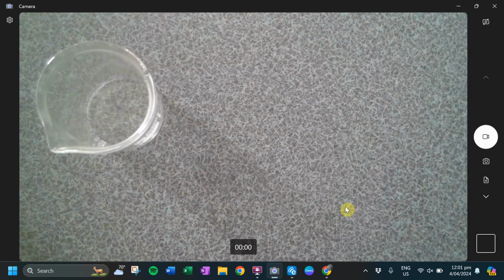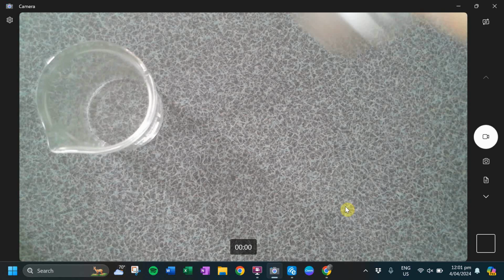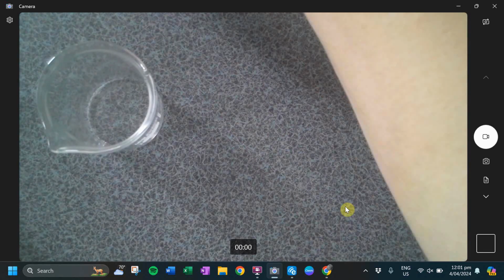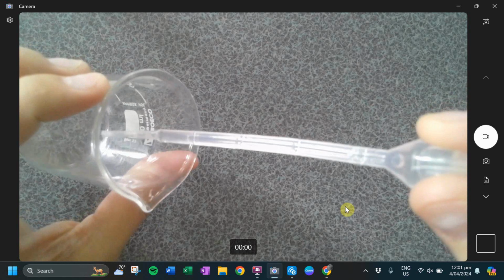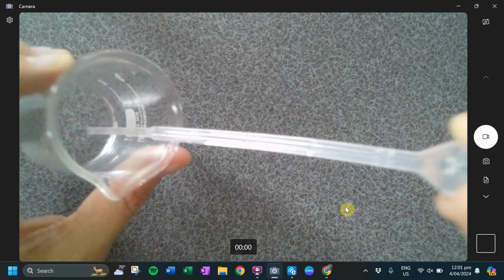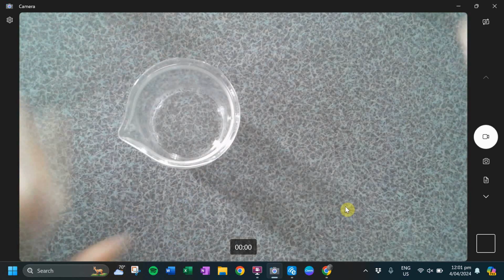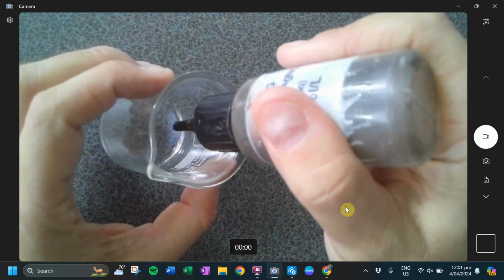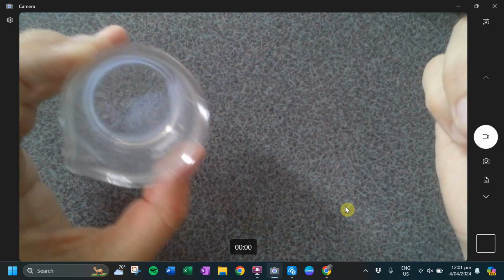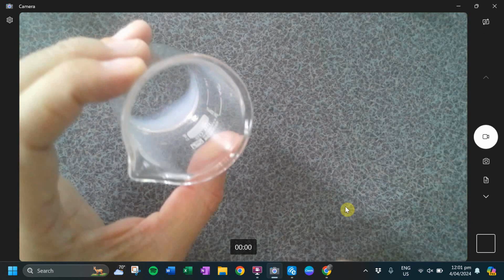I'm adding a couple drops of my unknown, and I'm going to add some silver nitrate. Do I see a precipitation? Yes, I do.